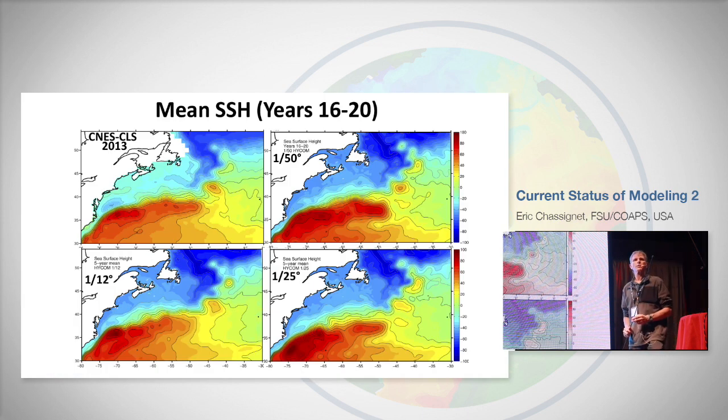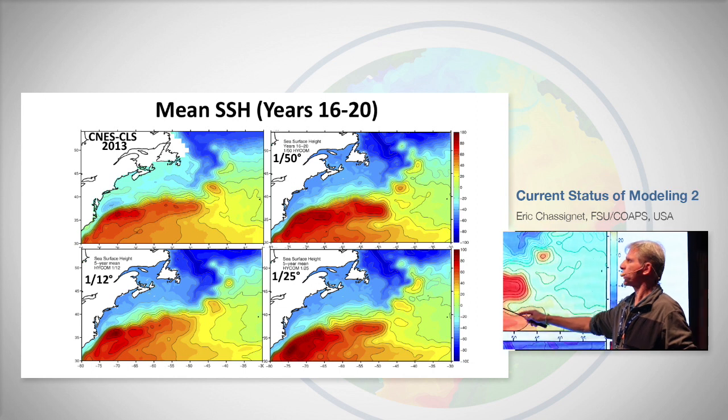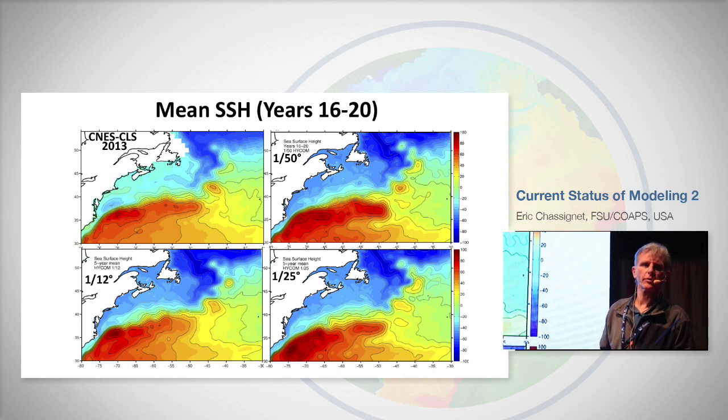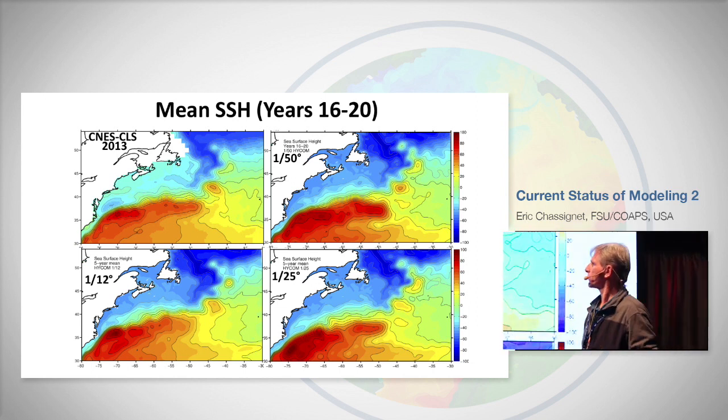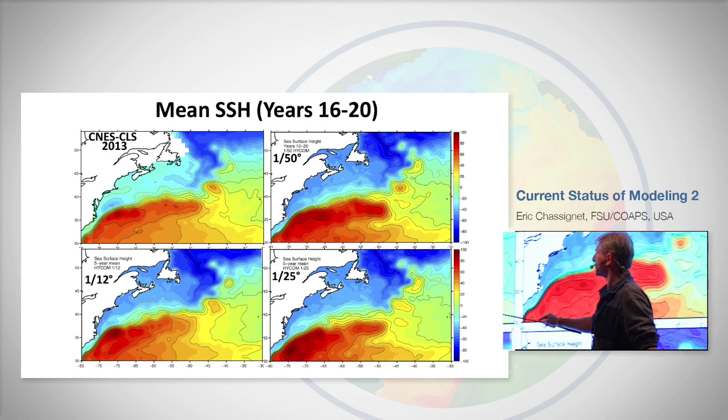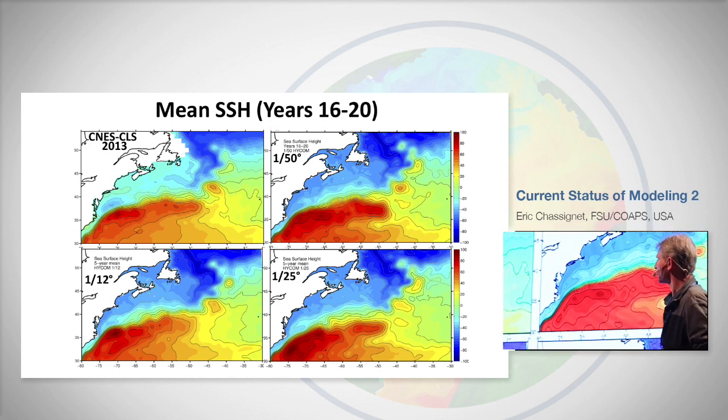So if you look now, going back to the Gulf Stream and its separation and penetration, on the left is the latest AVISO mean that Pierre presented. So that's the mean dynamic topography derived from the geoid and observations.